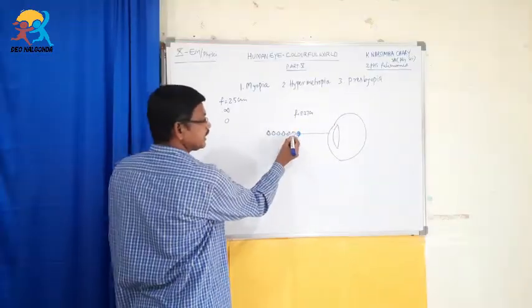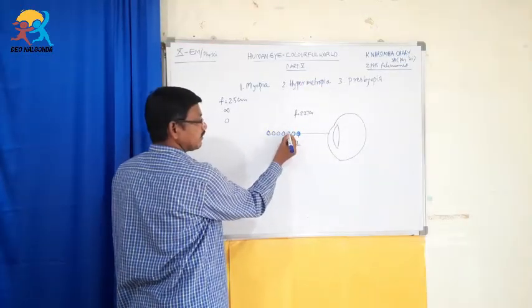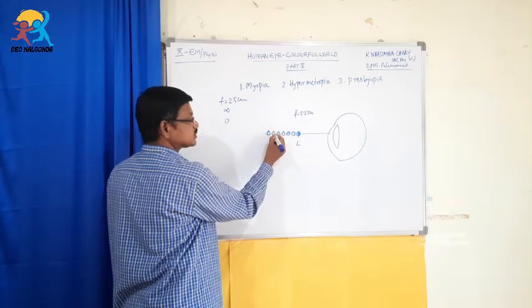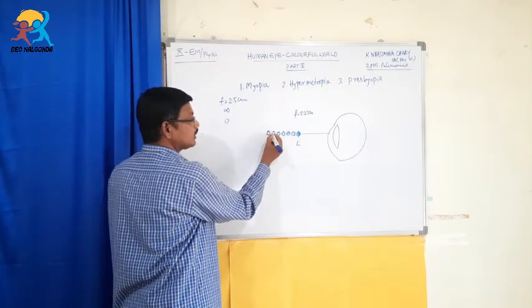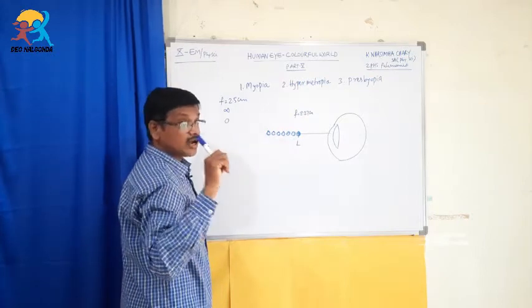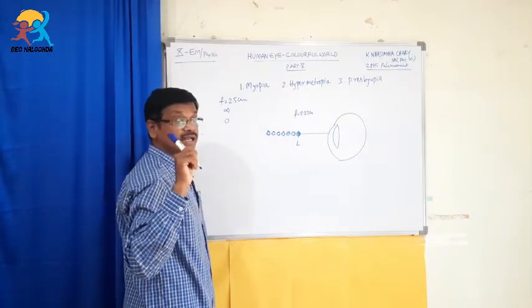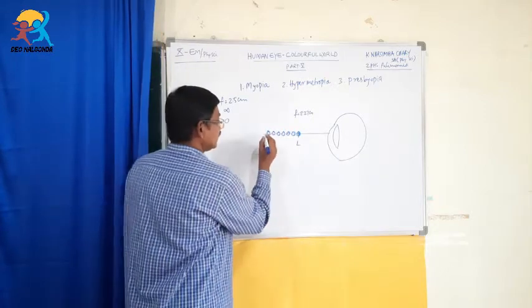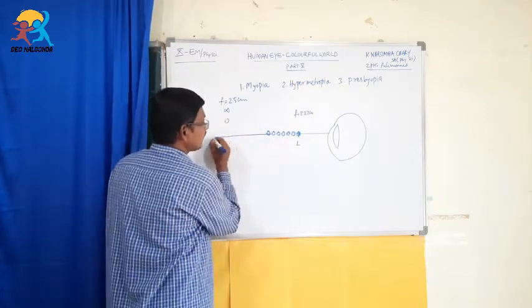At all these points, the object is clearly visible to the eye, and this continues up to a point.